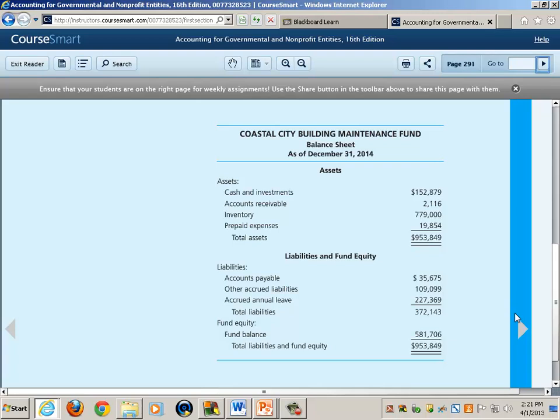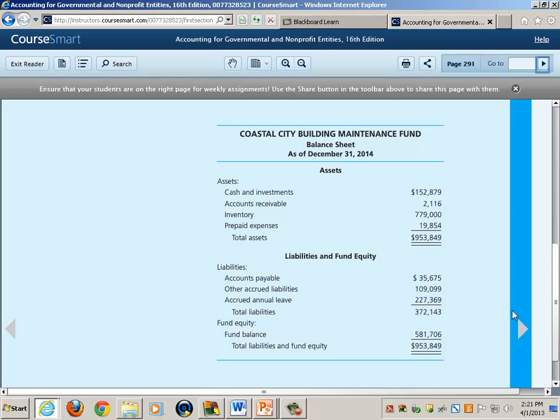Okay, I'll show you this for a minute and then I'll jump to the next statement for those of you who don't have the book. Remember, this is an internal service fund. This is the balance sheet. Look at that.